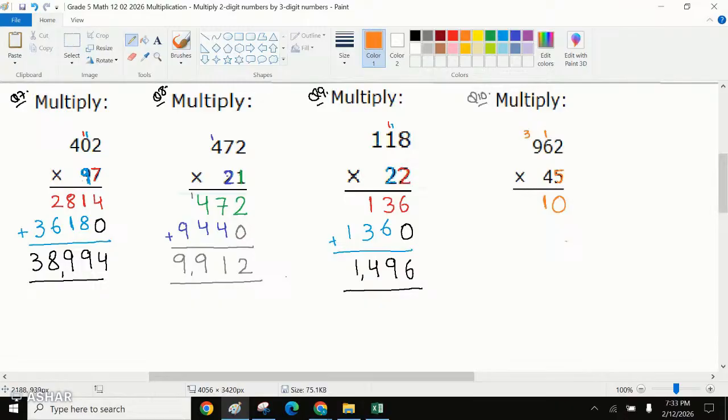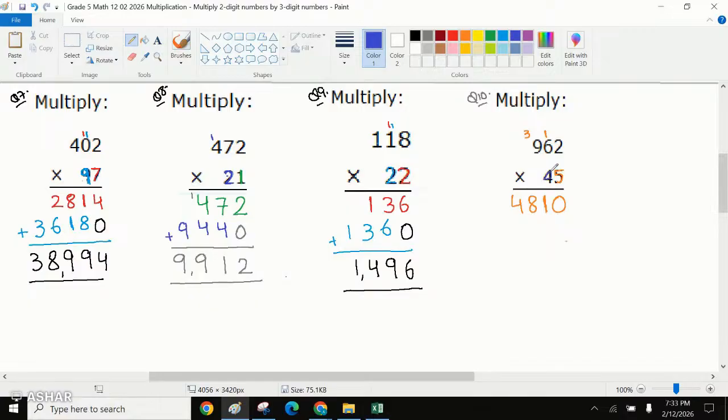We carry the 3. 5 multiplied by 9 is 45. And 45 plus 3 is 48. Agreed?